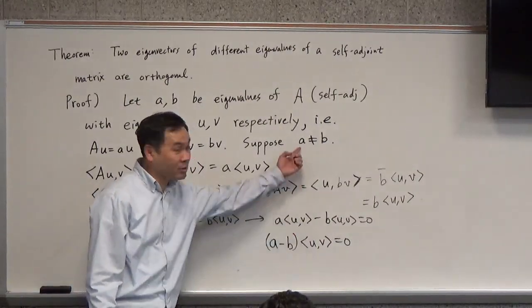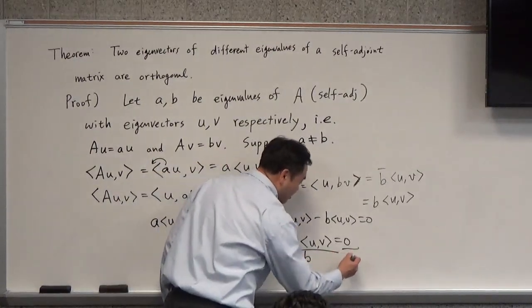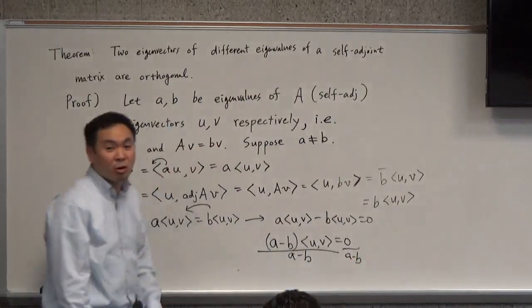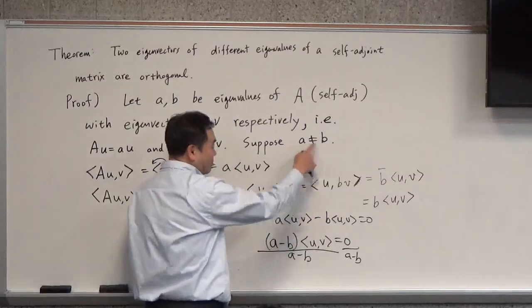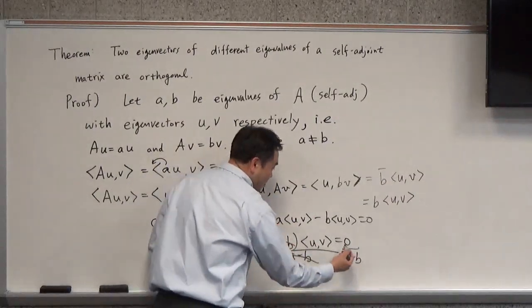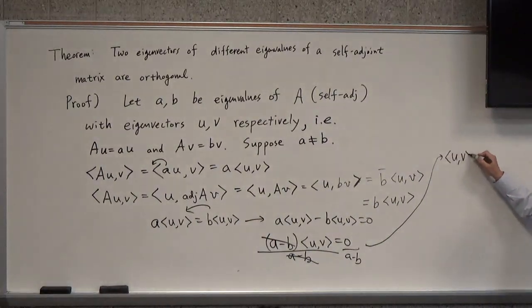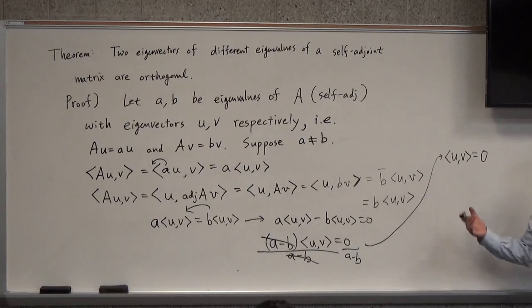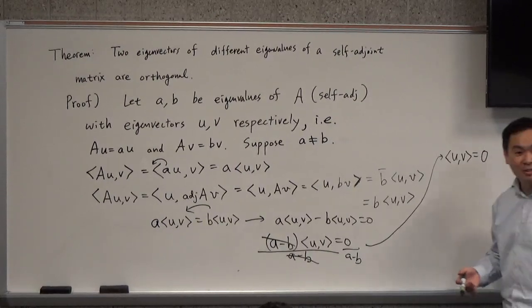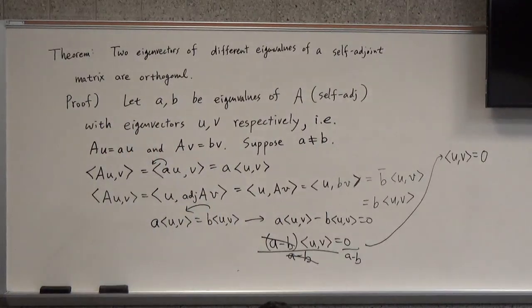No, because a and b are different. So you can divide both sides by a non-zero thing. There's always a problem when you divide by 0, so that's illegal. But since we know that a and b are different, I can divide both sides by a minus b and conclude that u, v is equal to 0. What does that mean? They're orthogonal, they're perpendicular to each other.